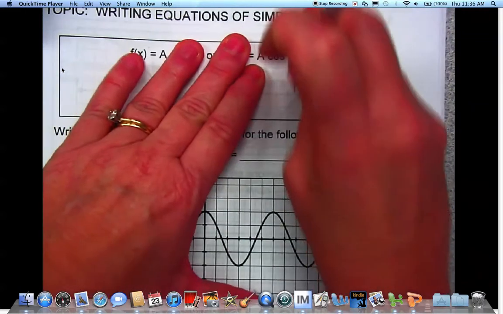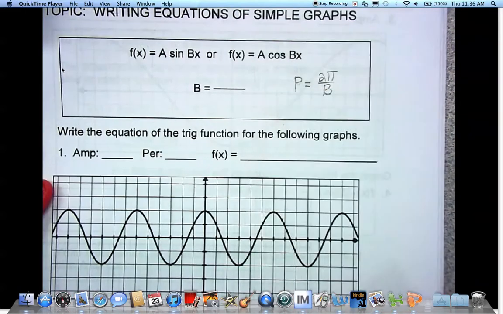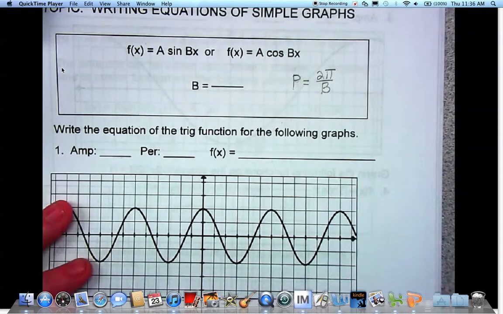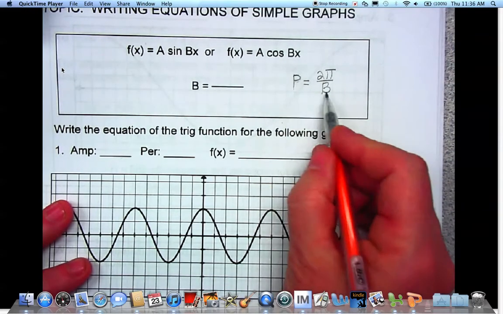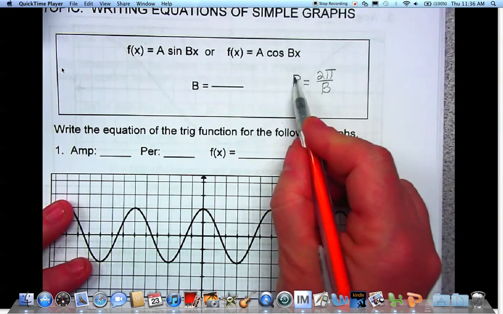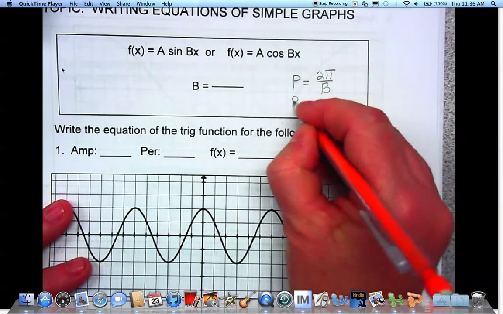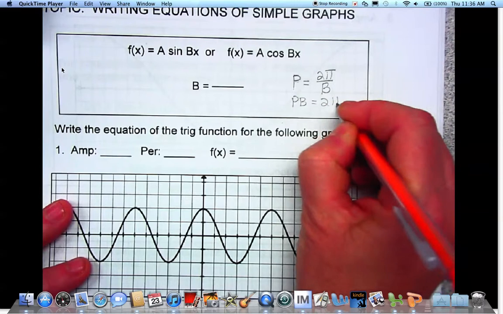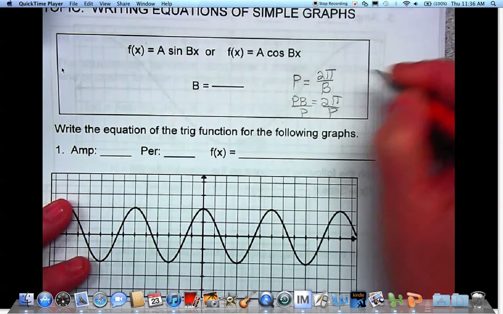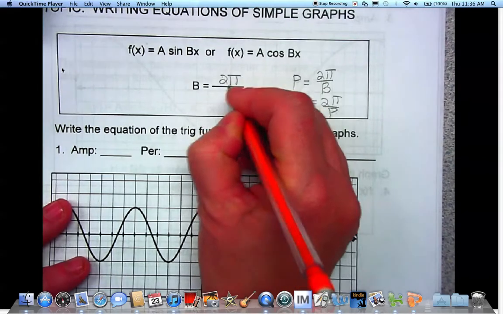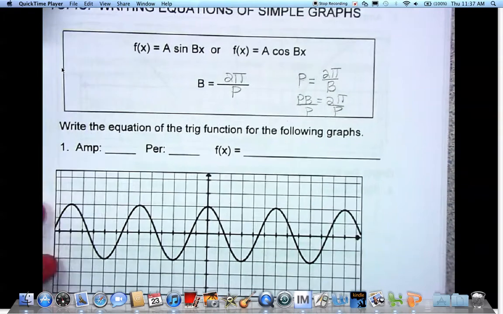We need to get this equation where b equals something. How do we do that? 2 pi divided by p. Yes, you're just going to switch these. Or if you need to, you can multiply p times b, which equals 2 pi, and then divide by p. So b equals 2 pi over p.